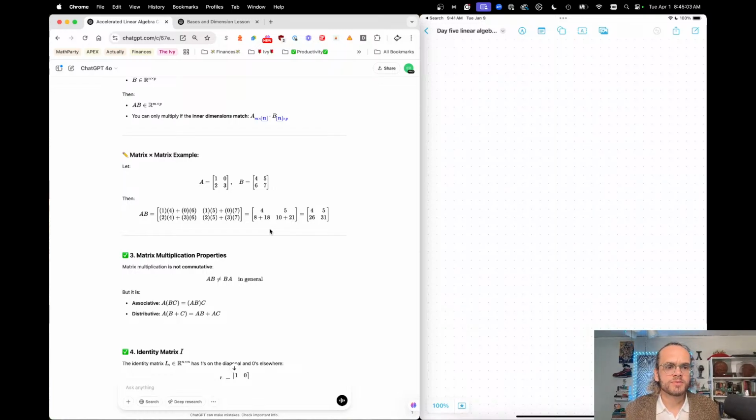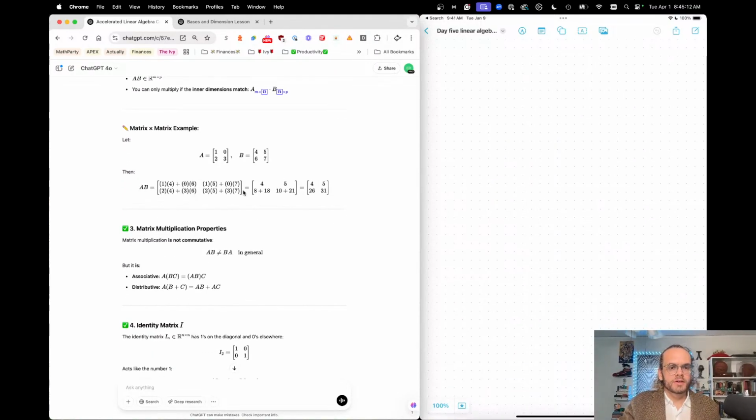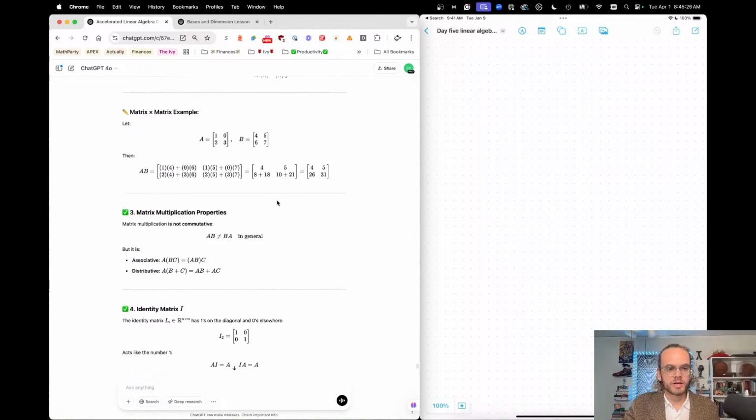I do 1 times 4 plus 0 times 6. Notice I go across here, down here. And I do that for each of these. For the top left, I go the top row and the first column. For the top right of this answer here, I go the top row, 1 times 5, 0 times 7, I get 5. And you go ahead and do all that.